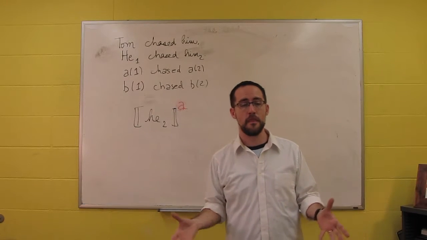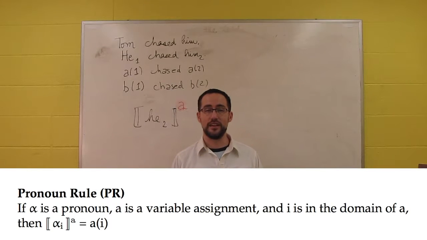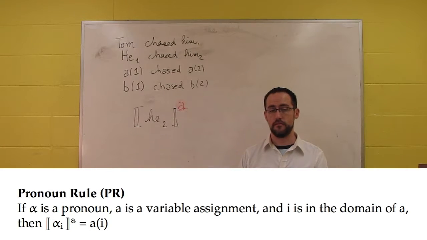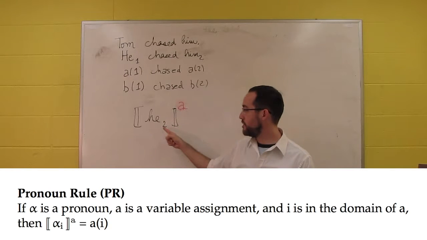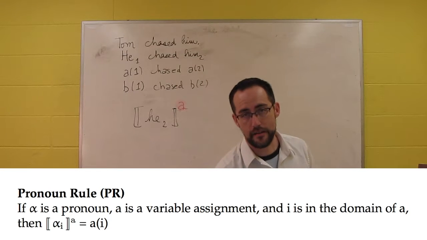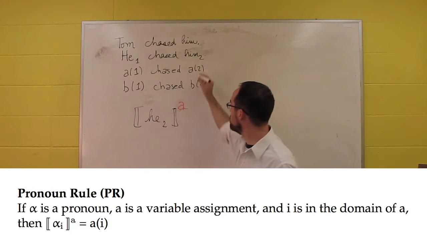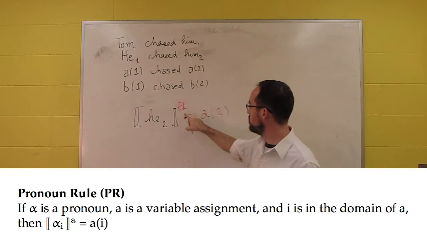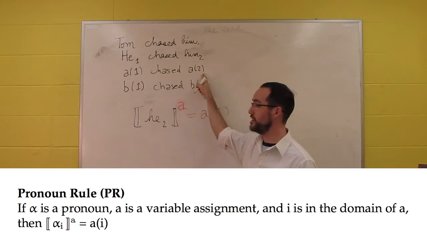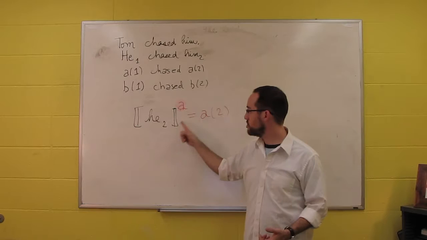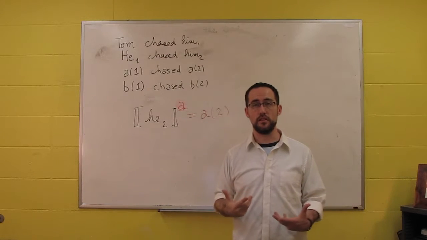If alpha bears an index, or if alpha is a pronoun, and A is a variable assignment, and I, the index, is in the domain of A, then alpha sub I with respect to A equals A of I. So essentially we've written a link between this and this. The meaning is just whatever this assignment does to this number.